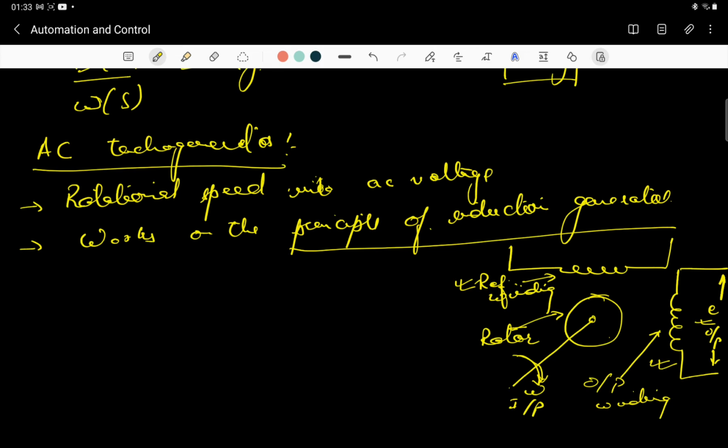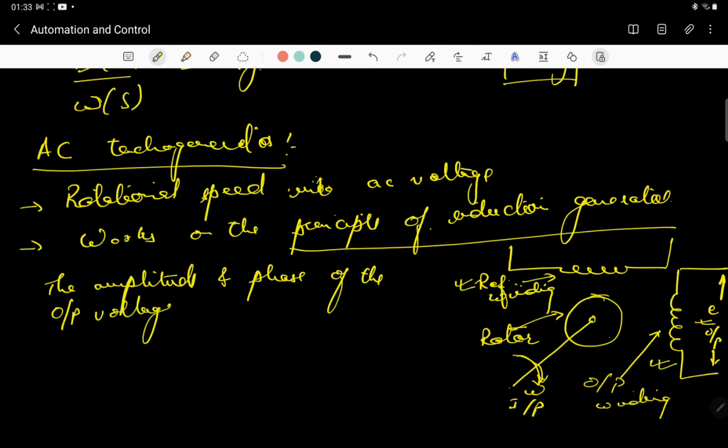The amplitude and phase of the output voltage depend on the direction of rotation.